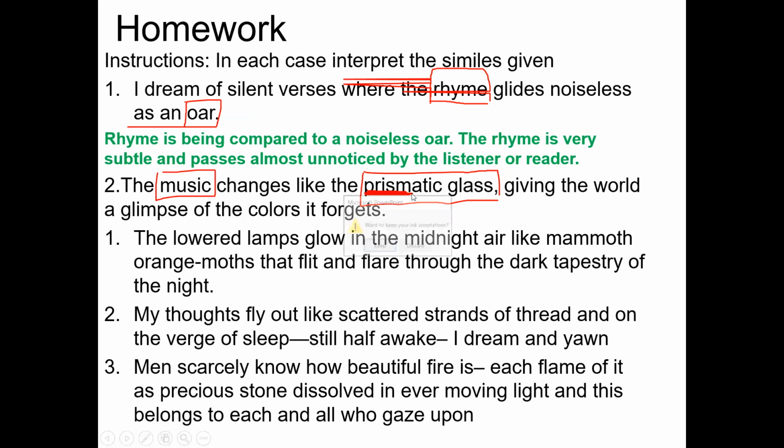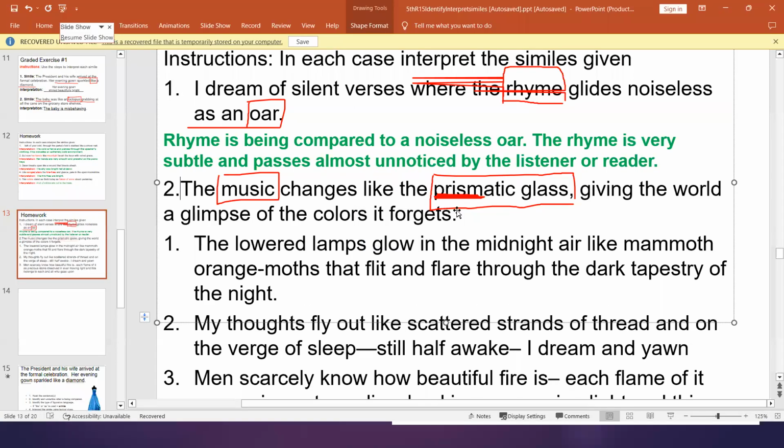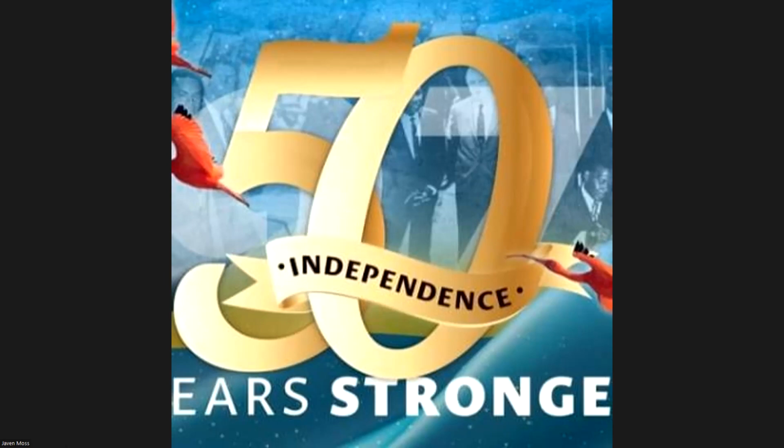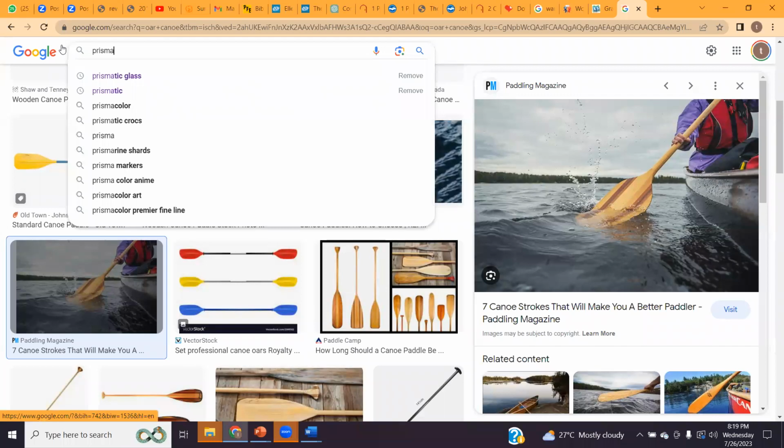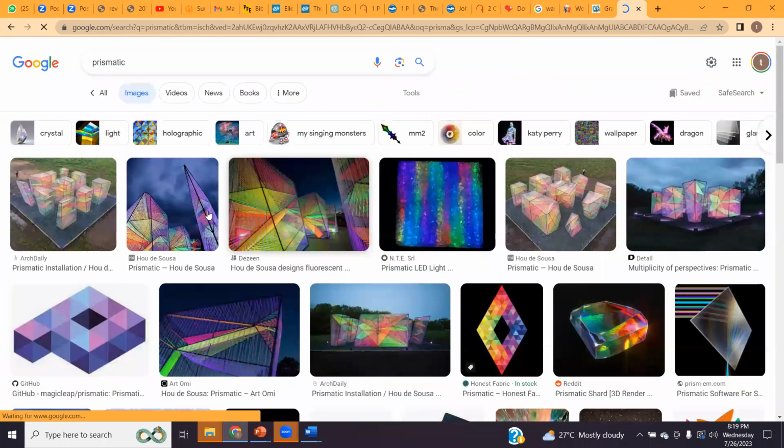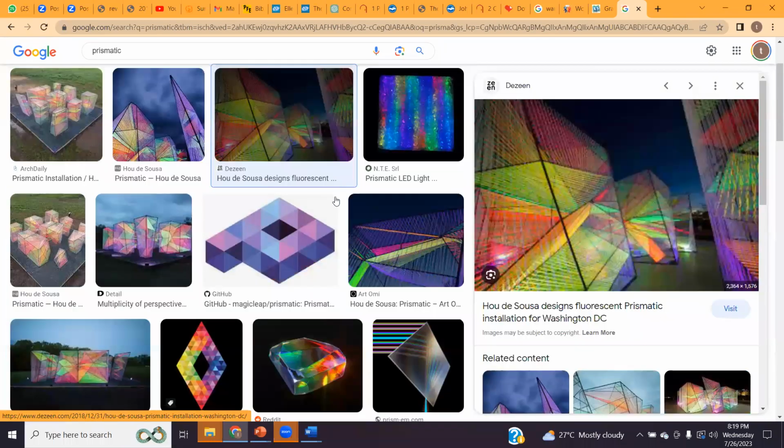So let me just show you. I have to stop sharing. All right, so y'all can't see my screen right now, right? No, sir. Okay, maybe now. So if I just put prismatic there, you can see it. They're shaped like prisms, don't they? Pretty neat.